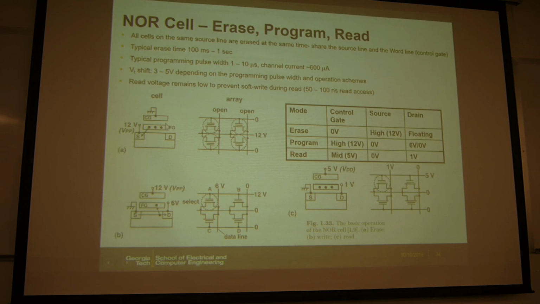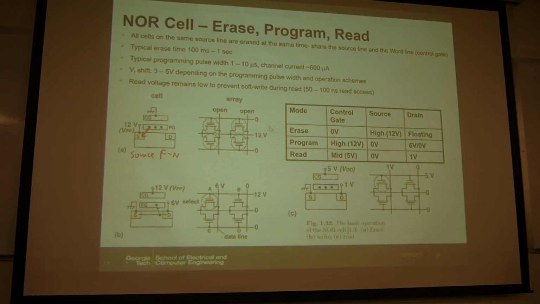In this particular case, it's based on the source FN tunneling. That means for this transistor, we want to apply a large voltage, 12 volts, to the source, and ground the gate. So electrons will tunnel from the floating gate to the source, and you remove the electrons from the floating gate.